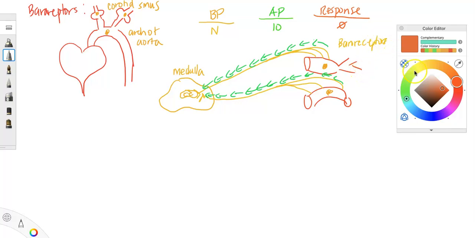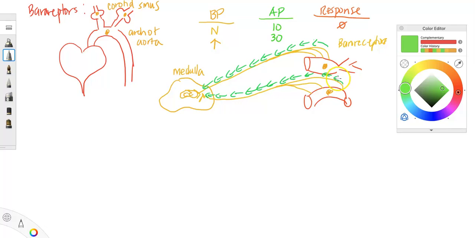Okay? If let's say we're feeling increased pressure, that means it's going to have increased stretch. So let's say that it's now sending 30 action potentials back to the cardiac center.